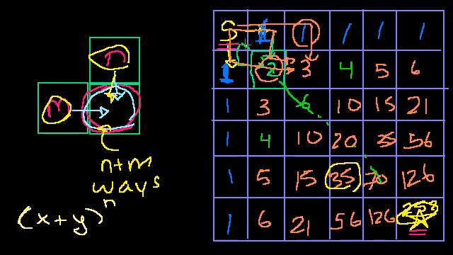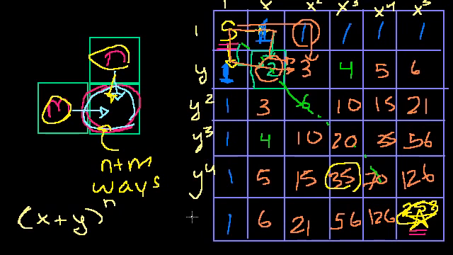If you write 1, x, x squared, x to the third, x to the fourth, x to the fifth. These are supposed to go on top of the square, but I realized I was running out of space. You write 1, y, y squared, y to the third, y to the fourth, y to the fifth.